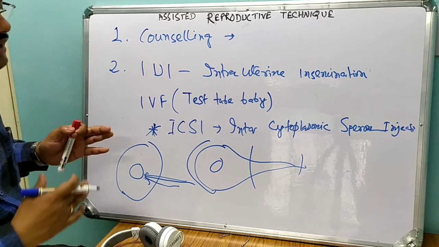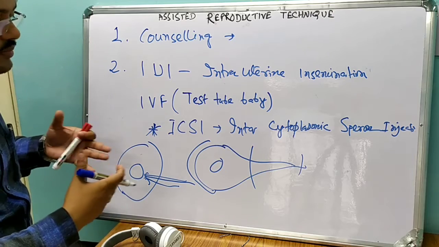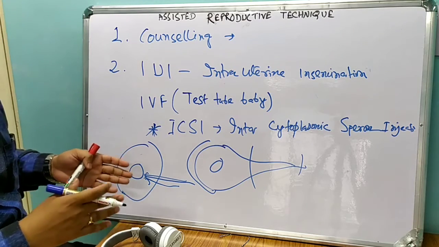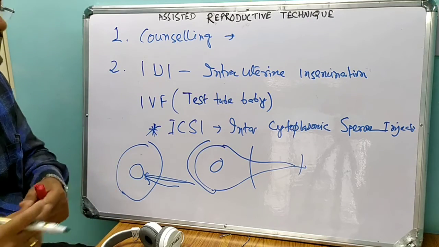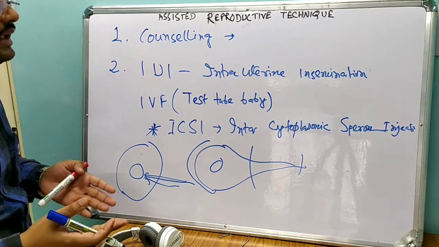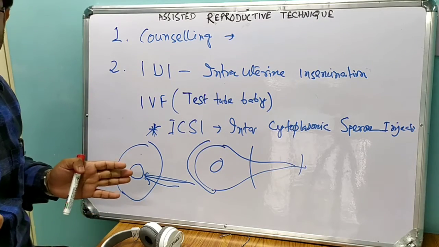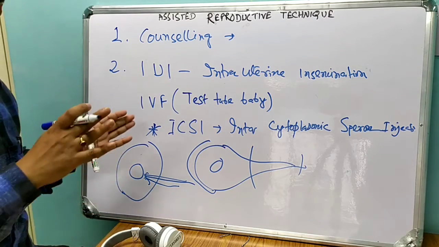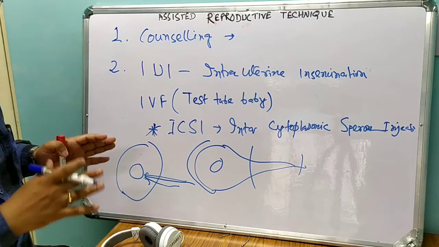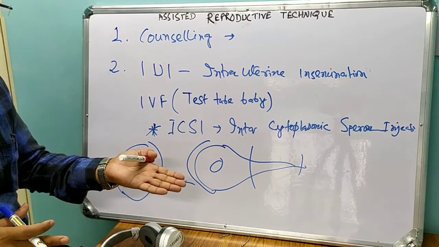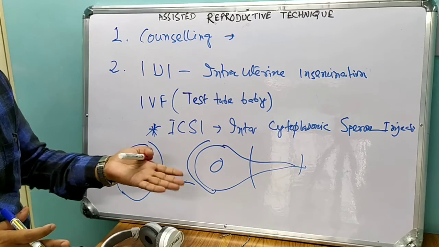After that, we incubate it in a petri dish and wait again up to the 8 or 16 cell stage. Finally, if the female is normal, with no contraindication and her uterus working fine, we implant this in the uterus of the mother.